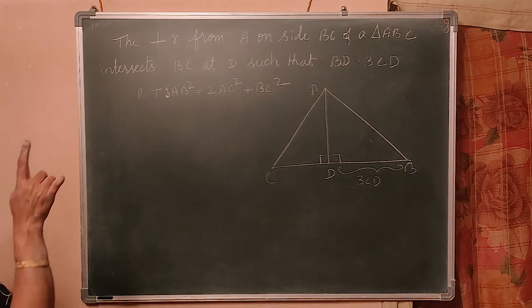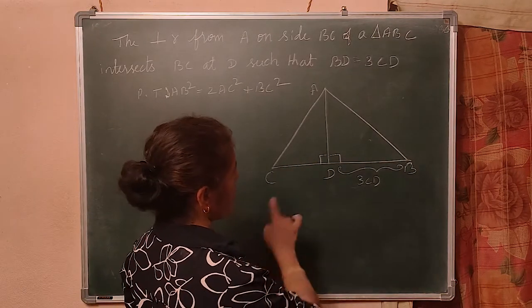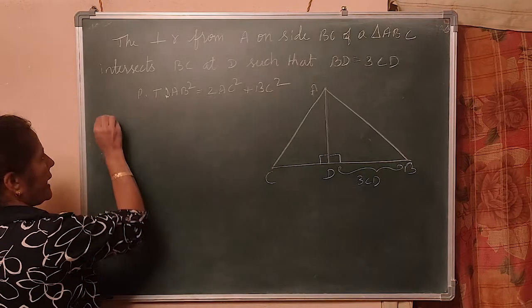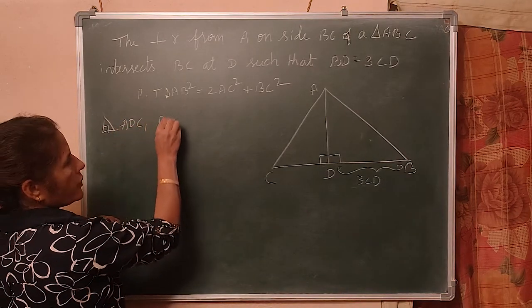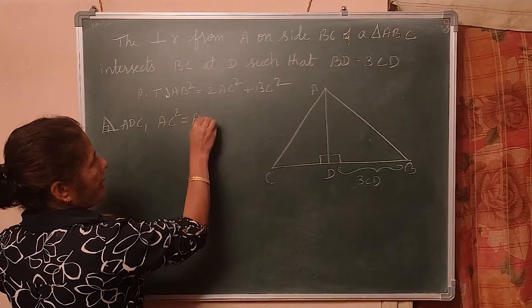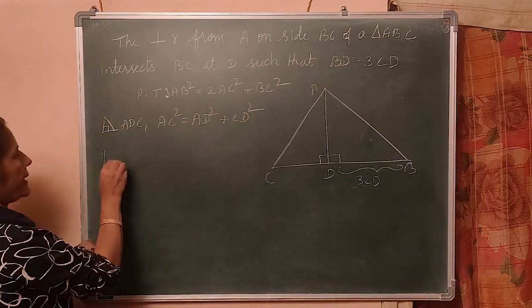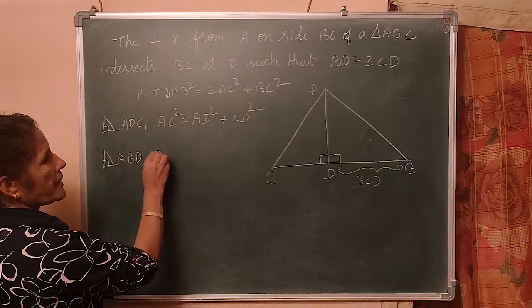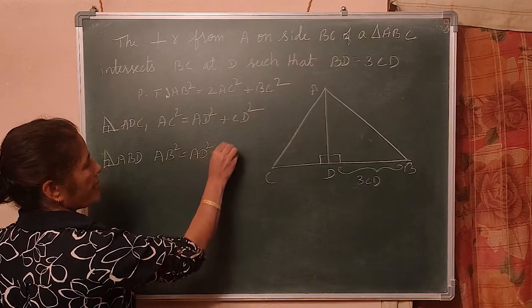By what is given, we have two right angle triangles, ADC and ADB. Let us write down. In right angle triangle ADC, AC square is equal to AD square plus CD square. And in right angle triangle ABD, AB square is equal to AD square plus BD square.